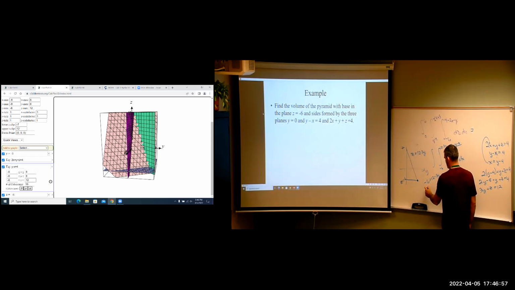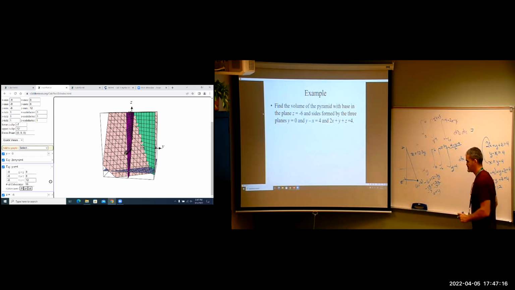So subtract the 12, so we get -18 equals -3y, divided by -3. And we get y equals 6, telling us this point here is 6 comma -6. And there are our limits on y.